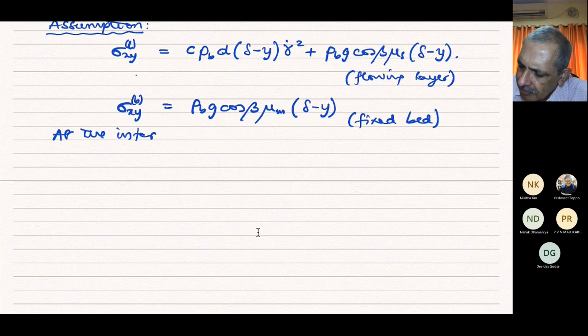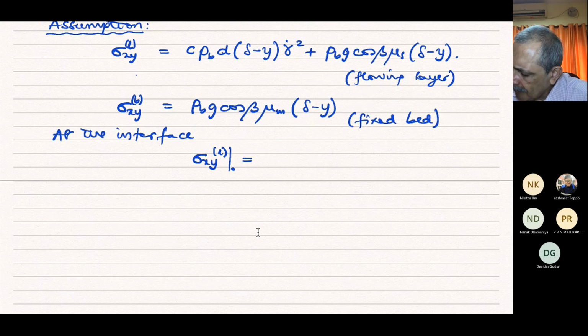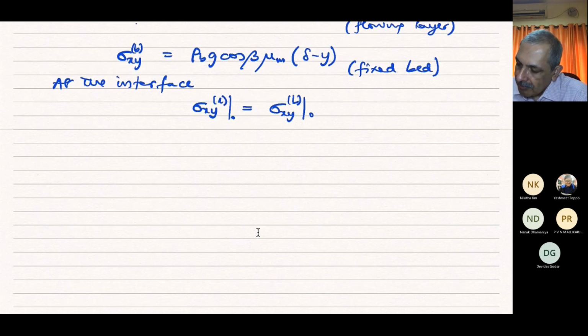But at the interface, both of these must be equal. So we must have sigma xy in the flowing layer, at 0, equal to the fixed bed again at y equal to 0.